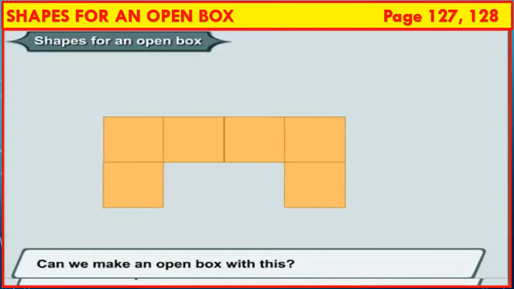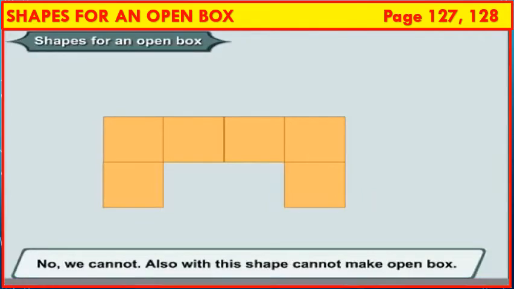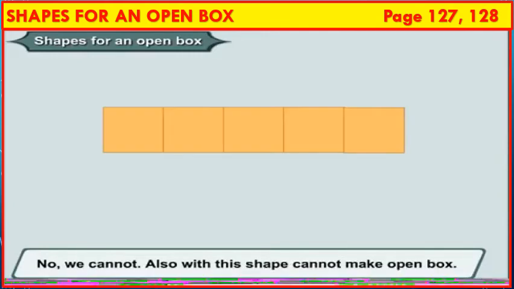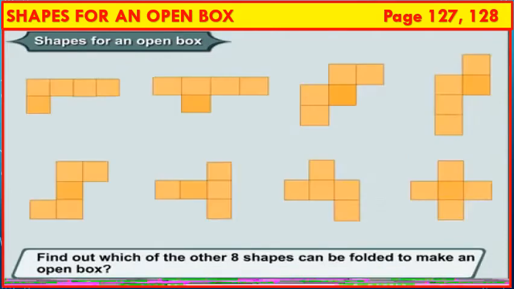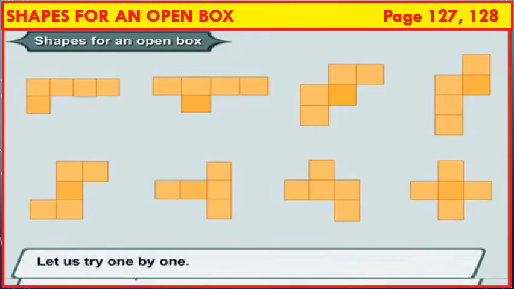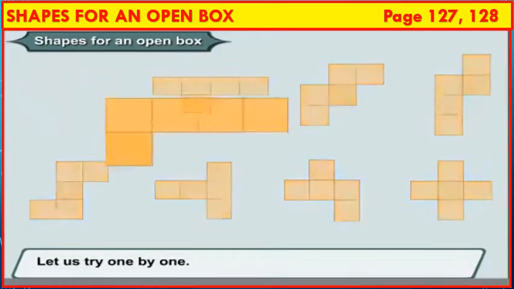Now children, can we make an open box with this shape? No, we cannot. Also, with this shape, we cannot make an open box. Now, find out which of the other 8 shapes can be folded to make an open box. Let us try them one by one.